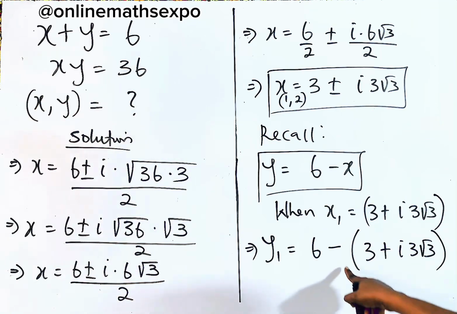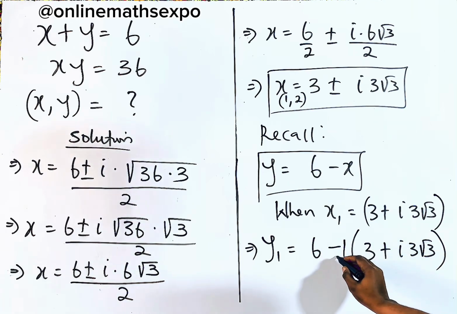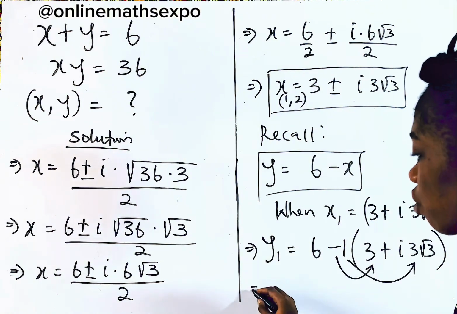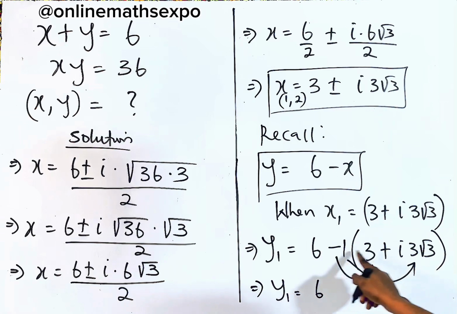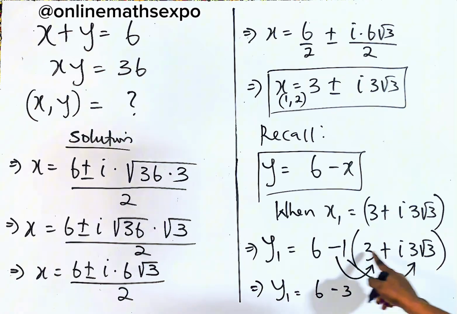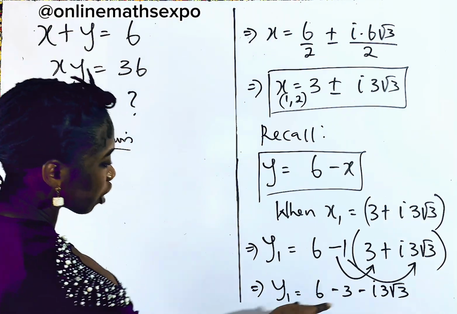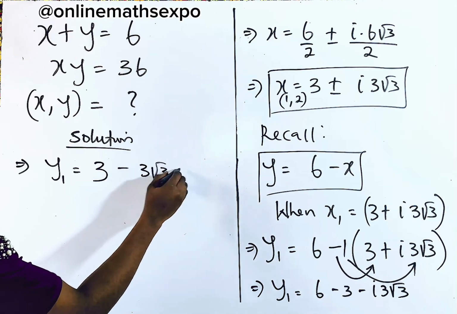So you simplify. To open this up, multiply it with a -1. If you do that, we have the first value of y gives us 6, this multiplies -3, this multiplies, we have -i 3 root 3. So simplifying, the first value of y will be 6 take away 3 gives us 3 minus 3 root 3 i.